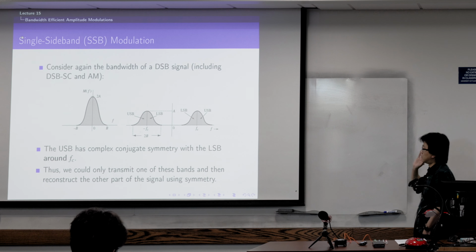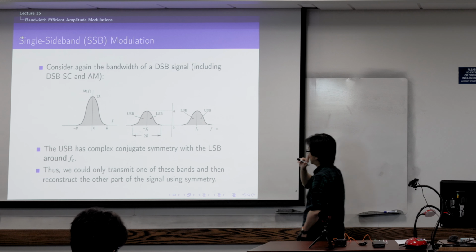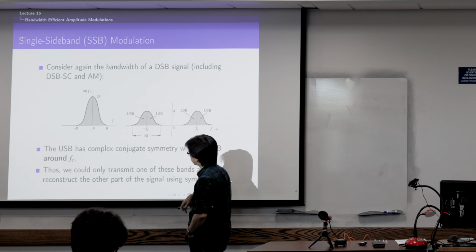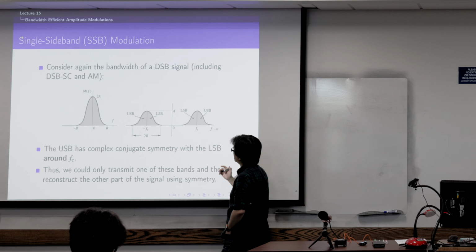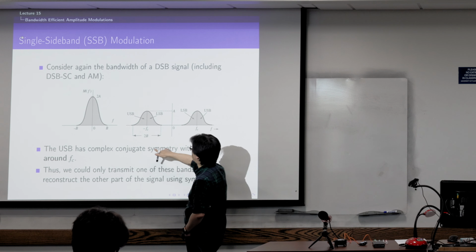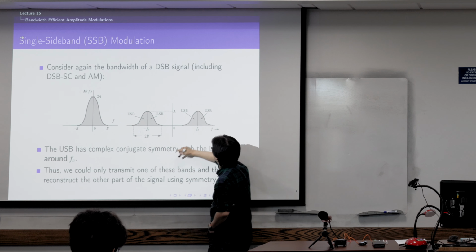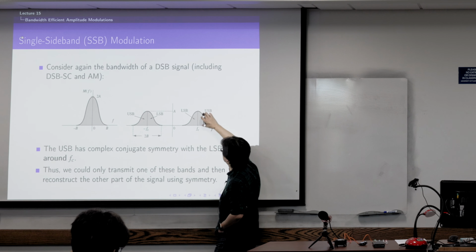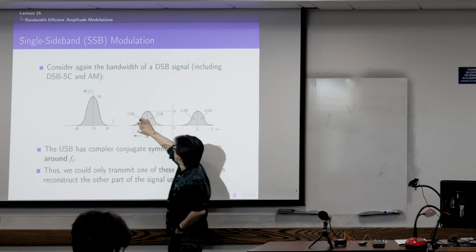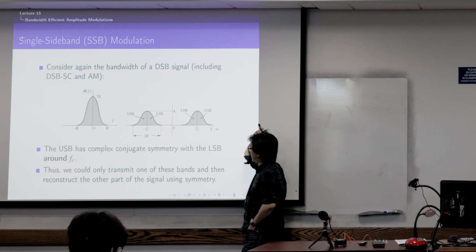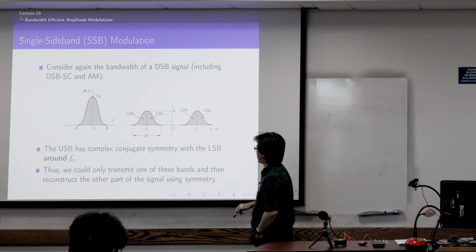And then we covered SSB. As we mentioned before, the reason we want to introduce it is that for the modulated signal, we have 2B for the bandwidth, right? Here, we denote this half as the USB, the upper sideband. And what is inside this part and this part is the lower sideband.